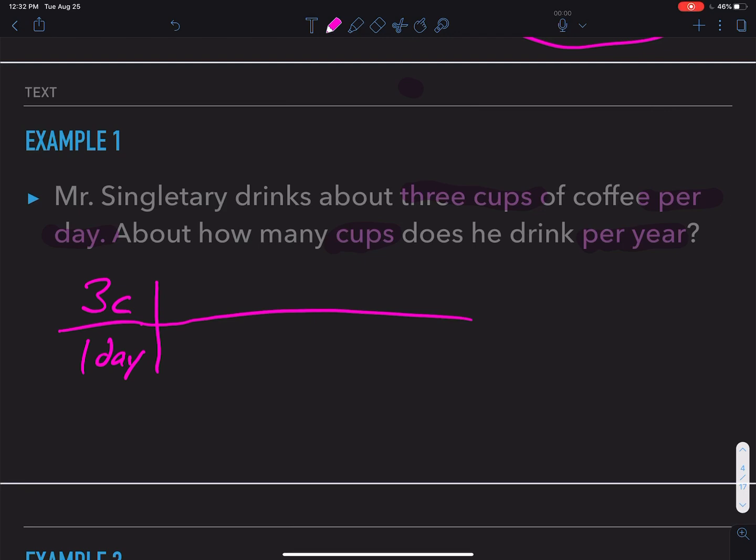So how many days are in a year? About 365. So 365 days and 1 year. And again, I needed to put days on the top because I was trying to cancel out the days on the top with the days on the bottom. So now I have cups per year.